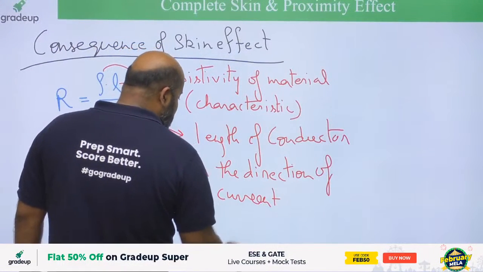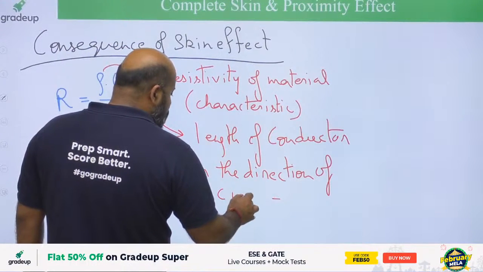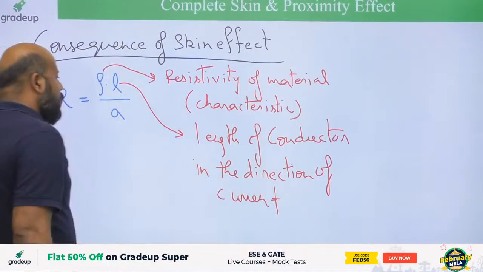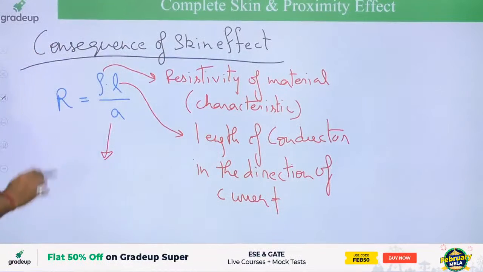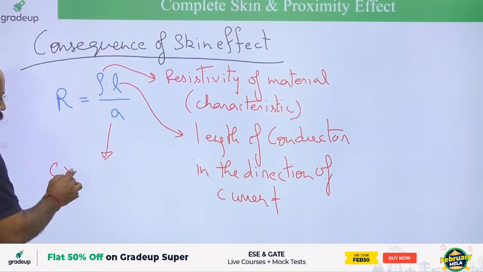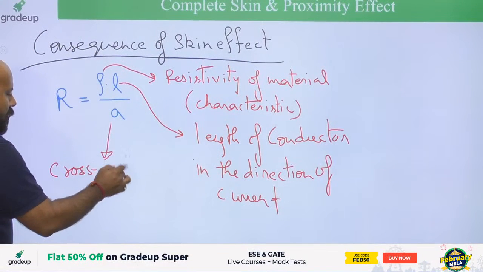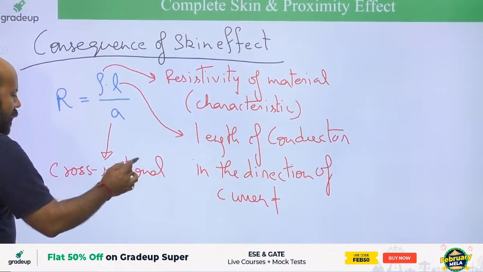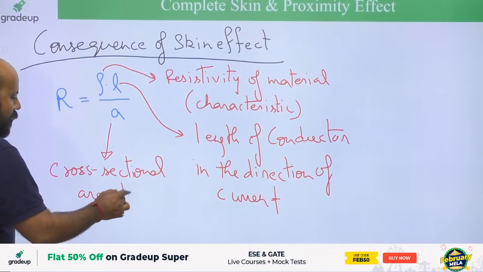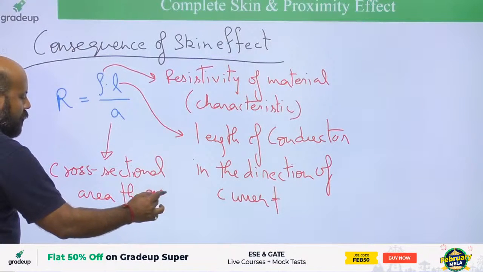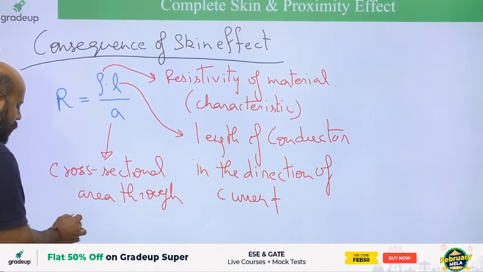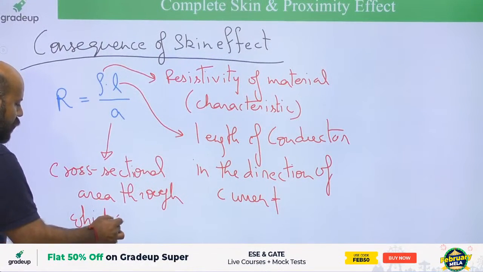This is extremely important. In the direction of current. What is this A? Again, my friend, this A is the cross-sectional area through which current is passing.